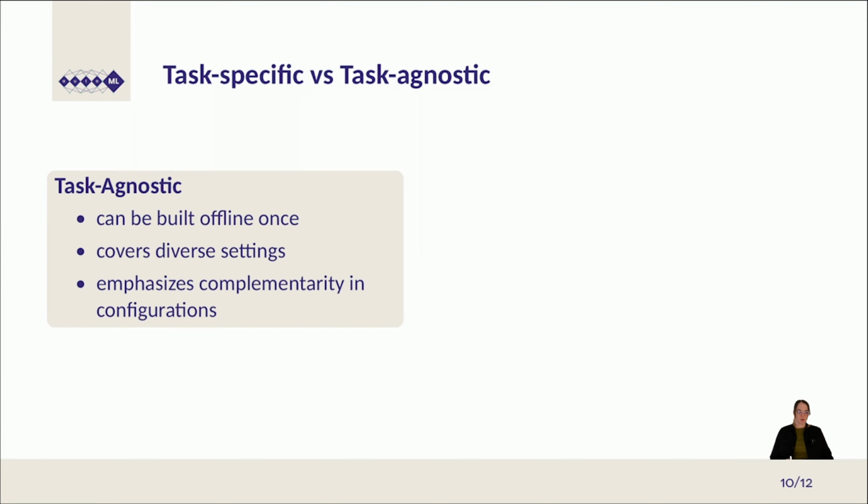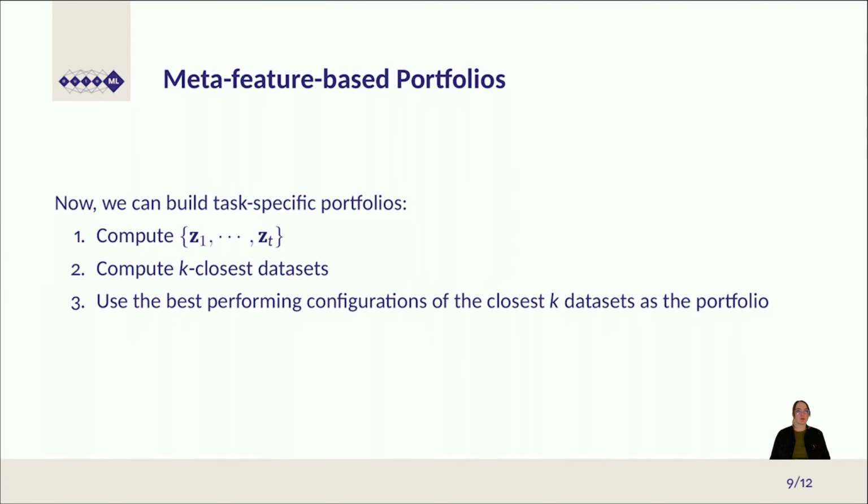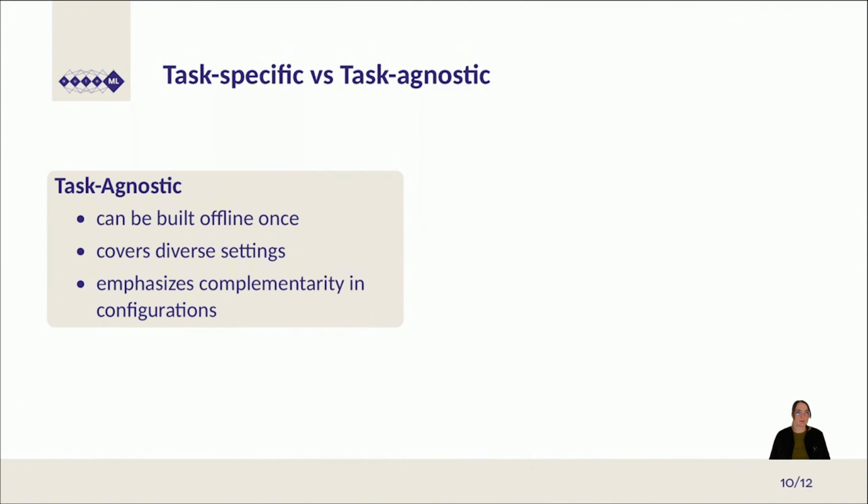So now I've shown you 2 ways to build portfolios. Let me contrast them. The task-agnostic portfolio, as I said before, can be built offline once. It covers diverse settings, and ideally also the setting that is in D_T, our target task, and it emphasizes complementarity in configurations.